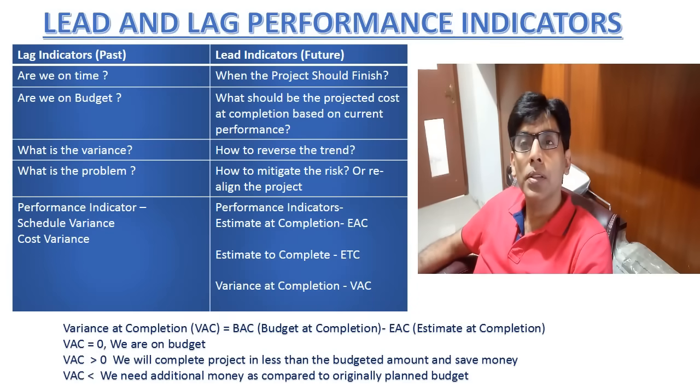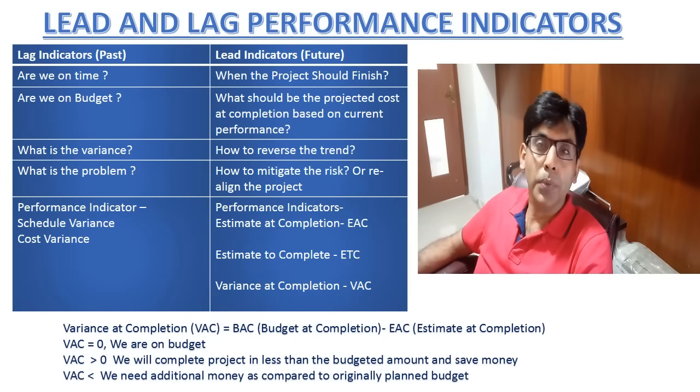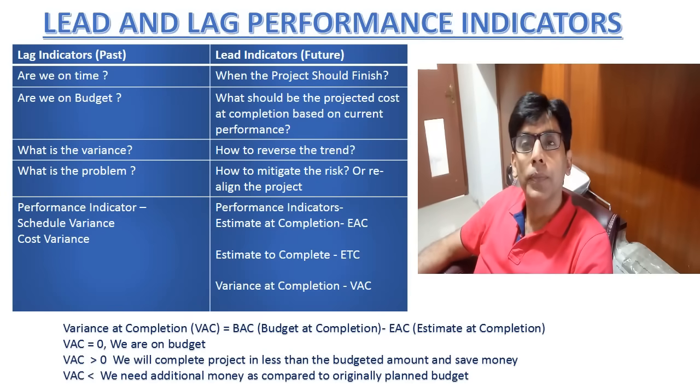Some of the lead indicators that are used for controlling the projects are estimate at completion, that gives you information regarding the projected cost at completion based on the current performance.